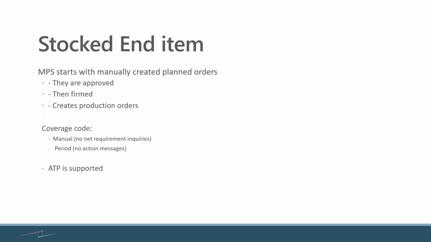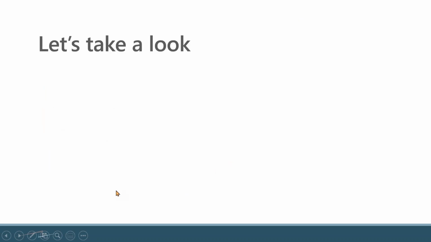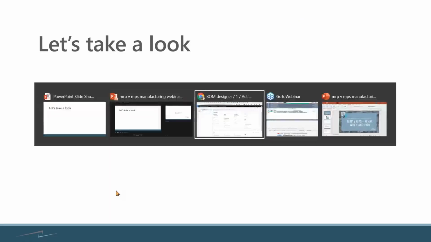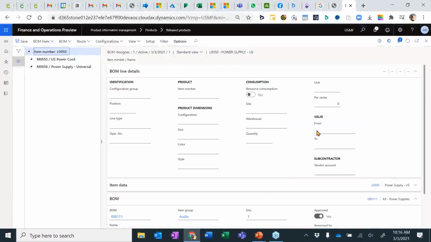The other thing to remember is if you had put in a master plan schedule, available to promise and capable to promise are supported in D365, which is a rather nice feature of the system. So I've got a very simple example set up in my system here, just to give you a little taste.